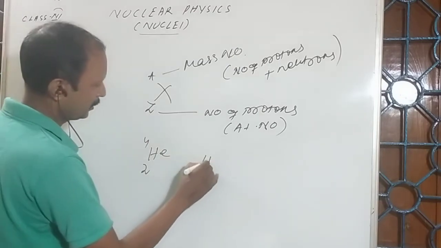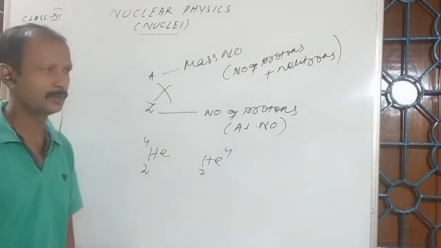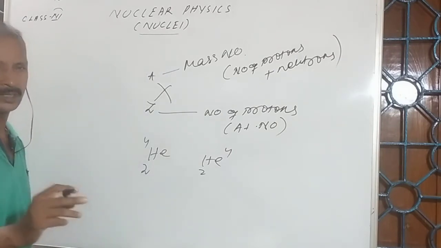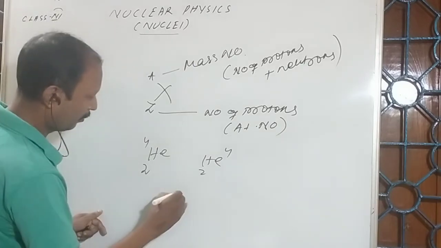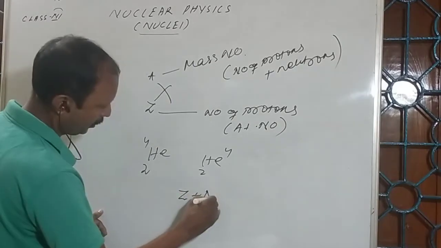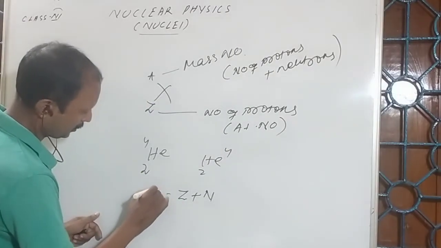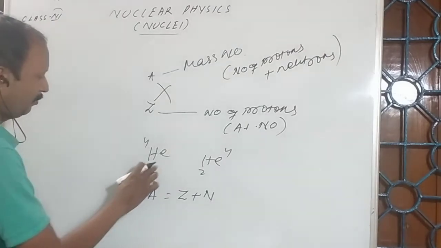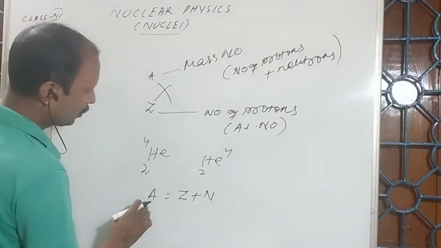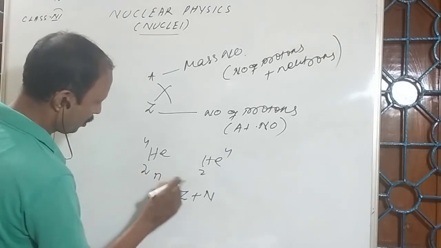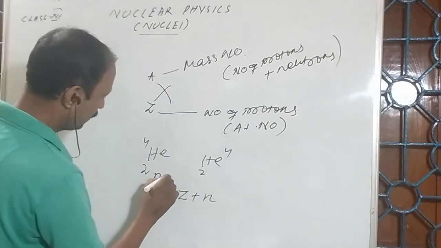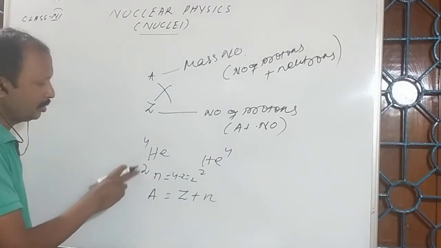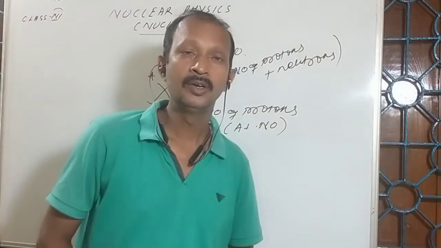We can also write like this. You know that number of protons plus number of neutrons is equal to mass number, A equal to Z plus N. So if I want to find the neutron number, N is equal to 4 minus 2, that means 2. Here 2 protons, 2 neutrons, the total mass number is 4.